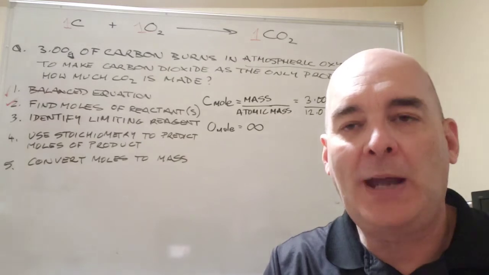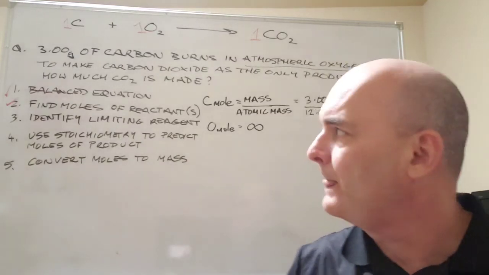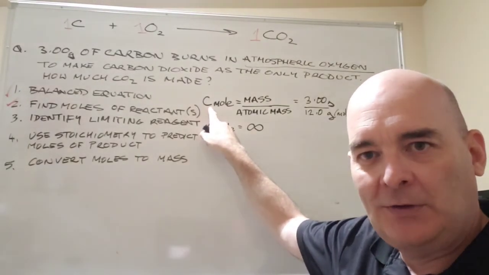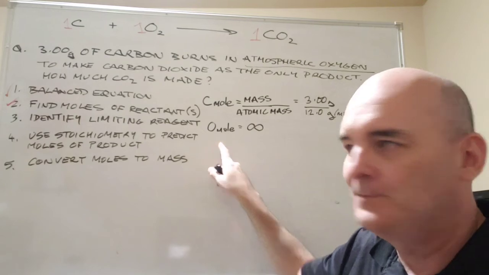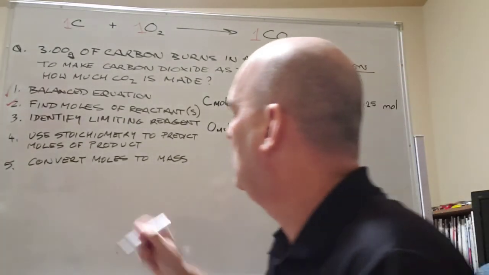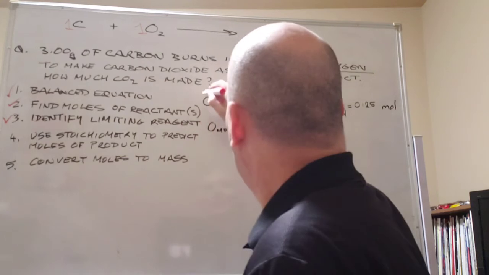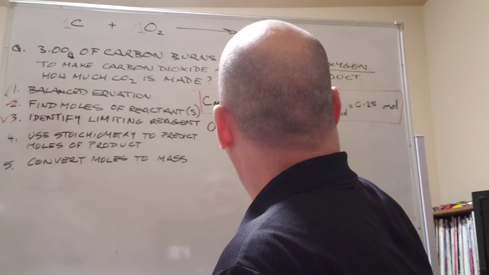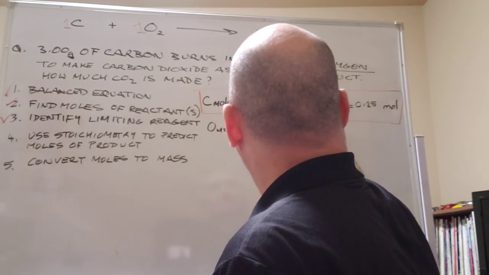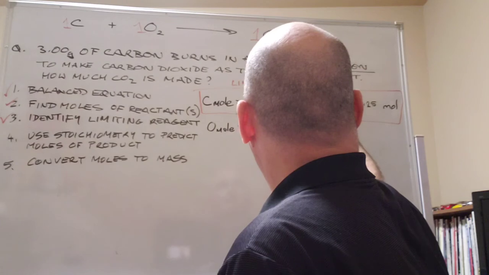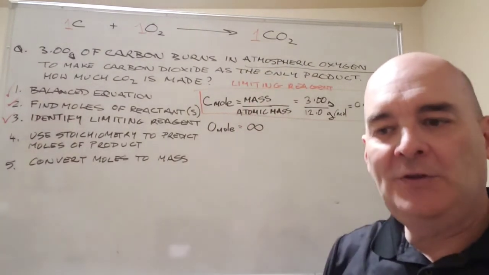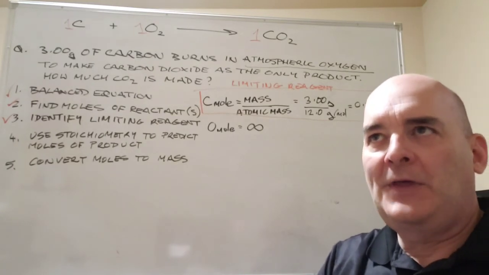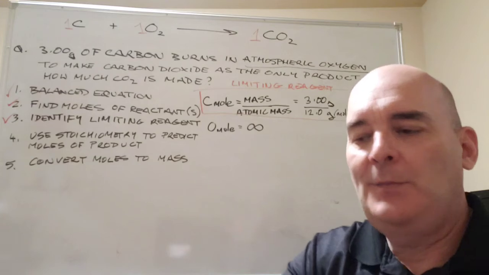The maximum amount of carbon dioxide that I can make is limited to how much carbon I put into the reaction, not by the amount of oxygen. So I have identified the limiting reagent. The limiting reagent is the carbon. The limiting reagent is the thing that you have the least of. It's going to be the thing that dictates how much you can make.